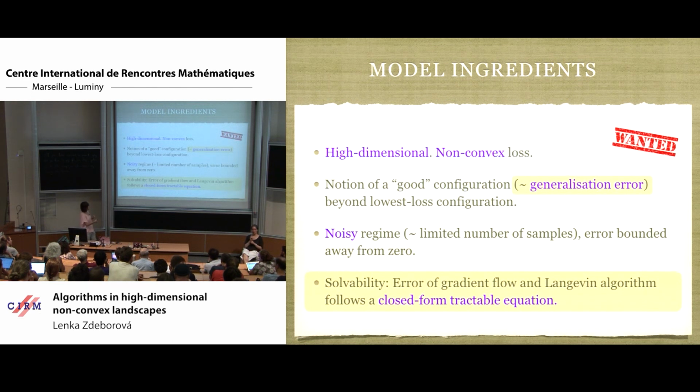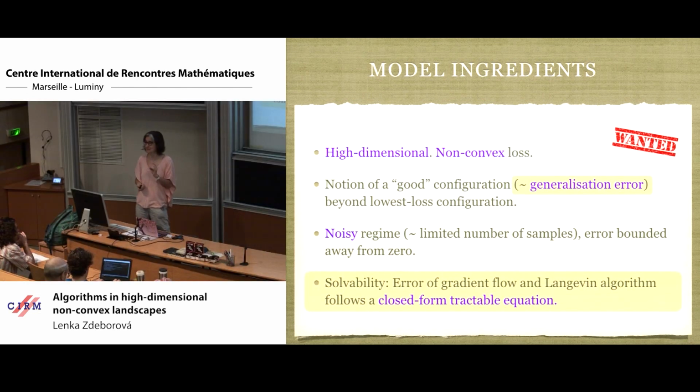You will see in a moment how we are doing that. And crucially, we want a model where we can analyze what gradient descent and Langevin dynamics do in some closed form that we can actually understand. This one, of course, is the hardest. If I didn't put the fourth one, any kind of neural network would satisfy the others, but the fourth one is a difficult constraint.